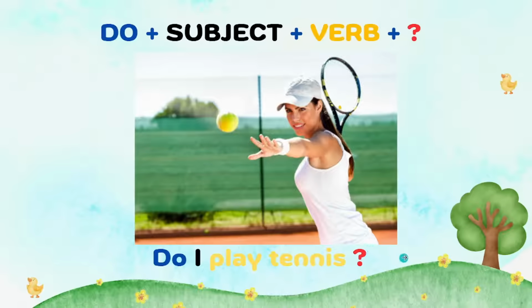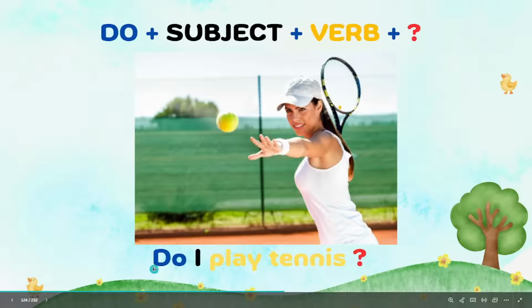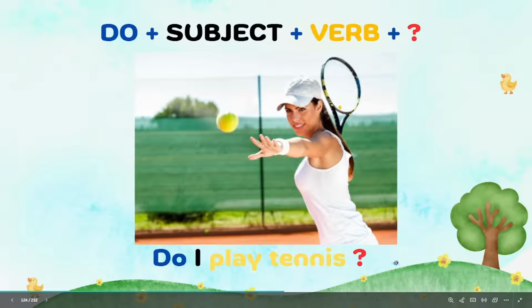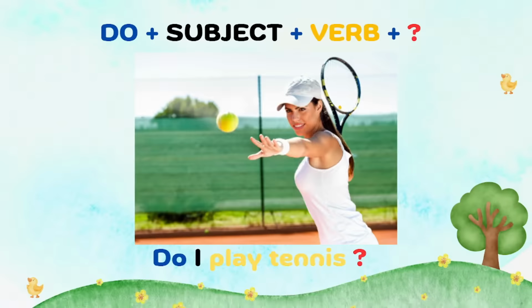So, by merely looking at this sentence: do I play tennis? Keep watch for the intonation, for how I pronounce the interrogative form. Listen, everyone: do I play tennis? That's how you are going to make an interrogative form.